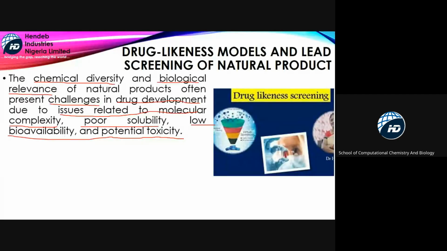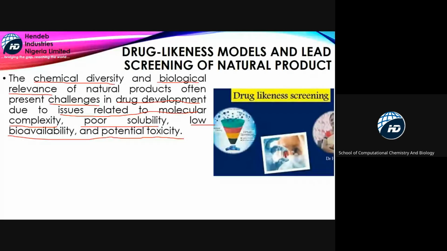They are complex, their molecules are too complex. Some of them are soluble, some are non-soluble. Some have good bioavailability, some have low bioavailability, and we cannot tell which is which in that plant, but we can now screen the plants to see the potential.